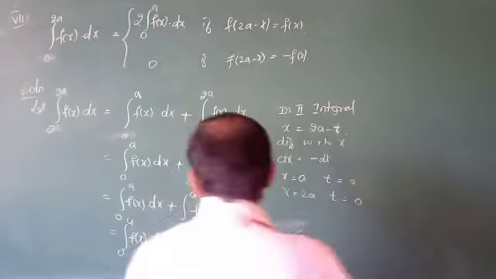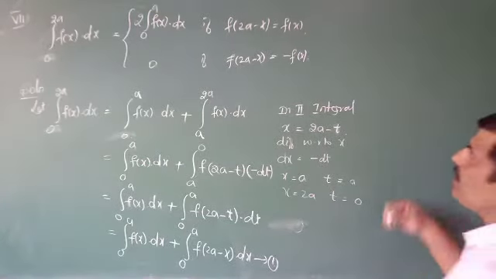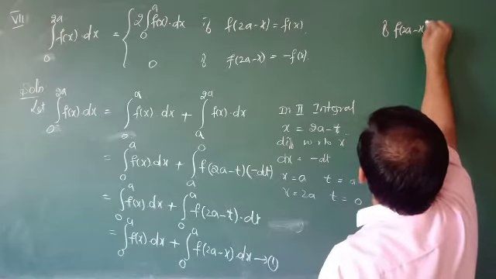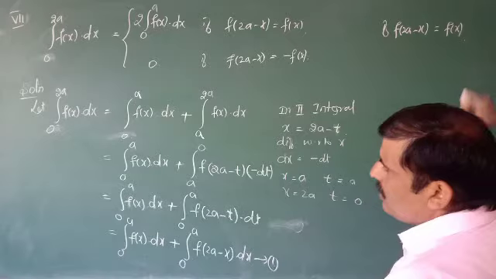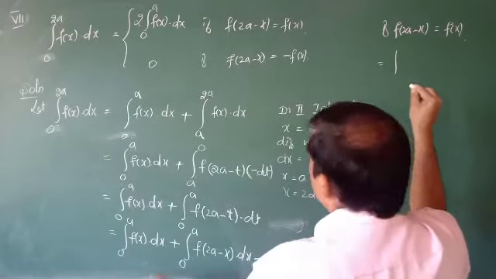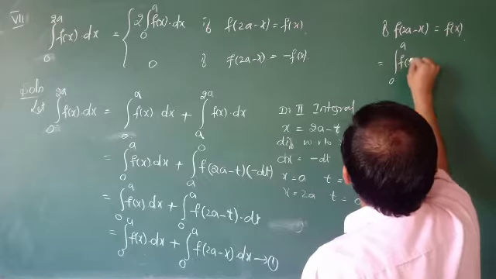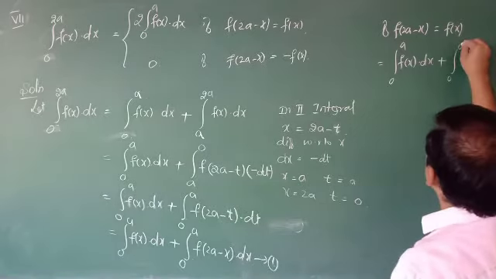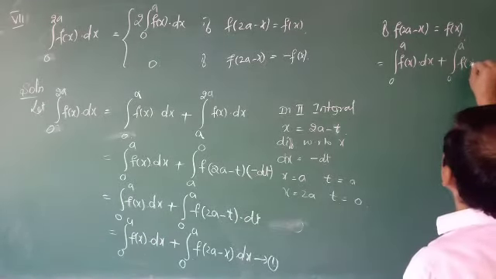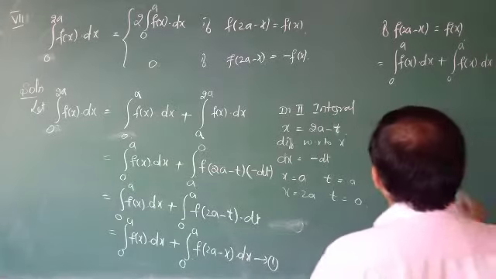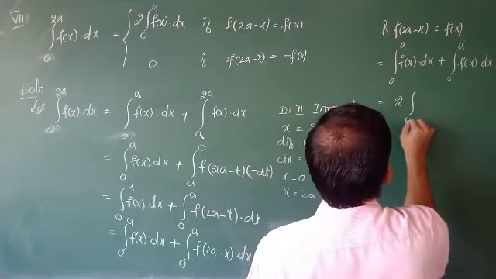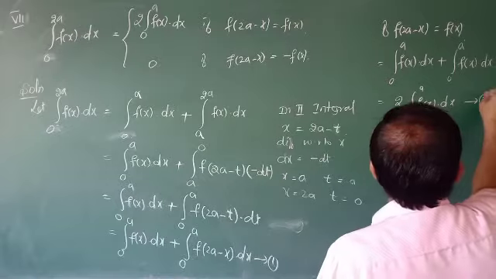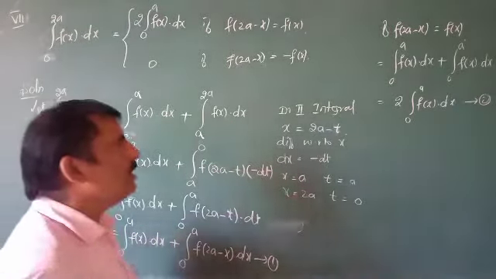Now in the second integral, if f of 2a minus x is equal to f of x, then that one is equal to the integral of 0 to a of f of x dx plus the integral of 0 to a of f of x dx. So that is equal to 2 times the integral of 0 to a of f of x dx. This is equation 2.